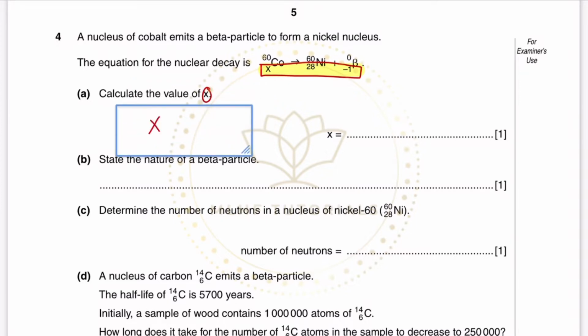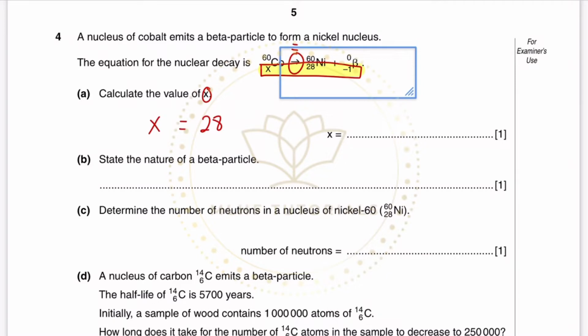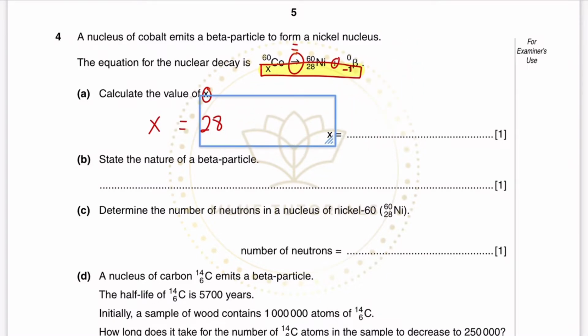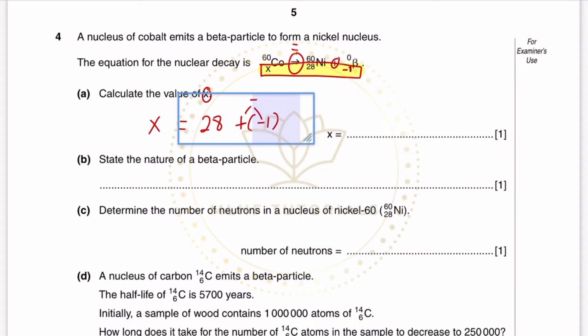So X, okay, this arrow we can substitute it as equal sign. Equal to 28. Okay, we have plus here but negative 1 here, so we can just put it in here. Plus negative 1. Plus and negative to become negative.